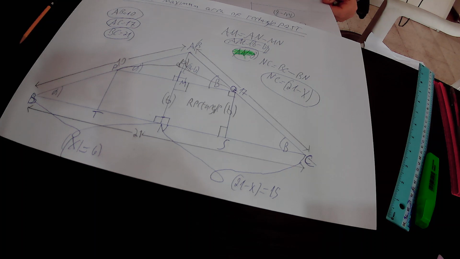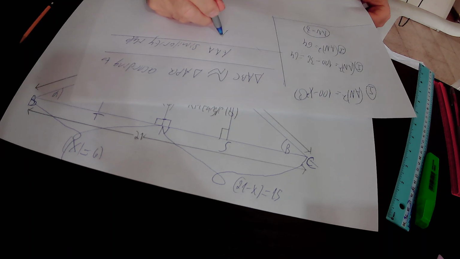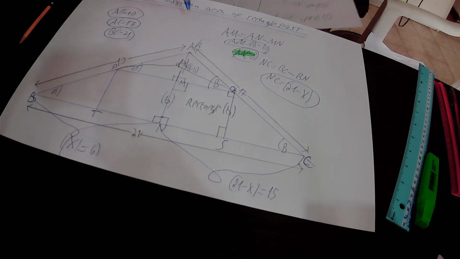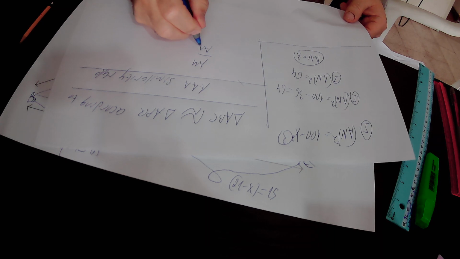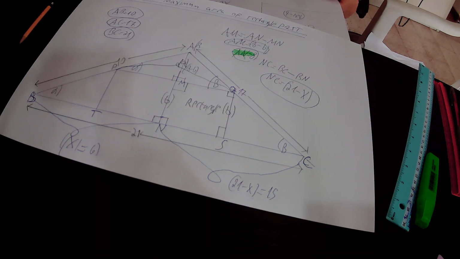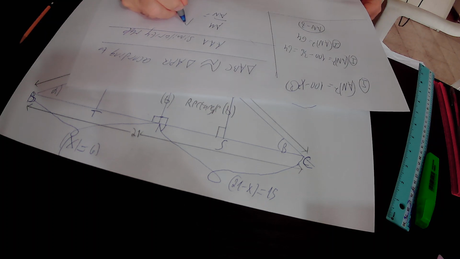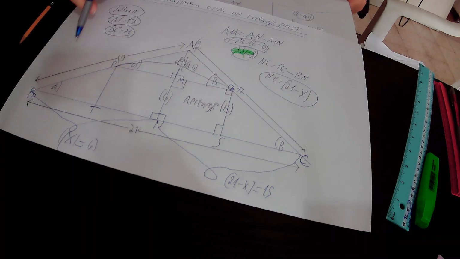Therefore, the height AM of the small triangle APQ over the height AN of the big triangle ABC must be equal to side PQ of the small triangle APQ over side BC of the big triangle ABC.